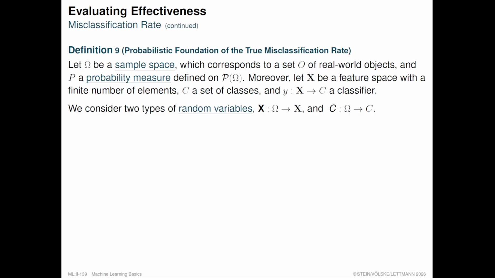And what we want to have is two random variables, one random variable x, so note the difference in notation here, and one random variable c. And the basic idea is that our random variable x controls how often each feature comes up in reality, so in our data set or in our online setting where data set examples keep coming in. And c basically controls how often which class comes up.